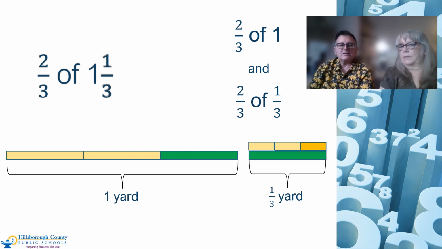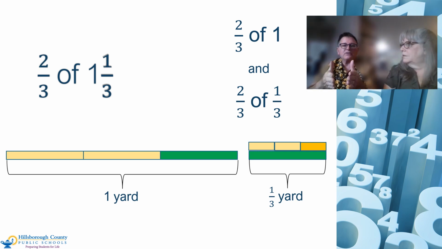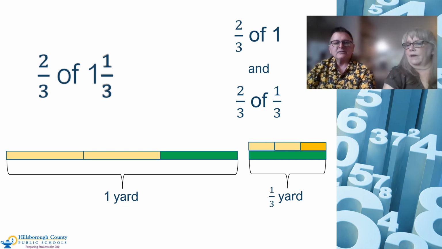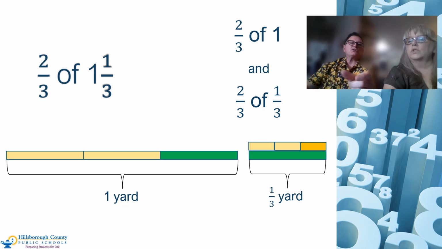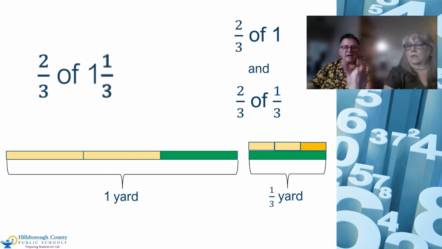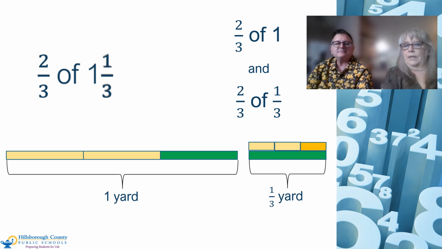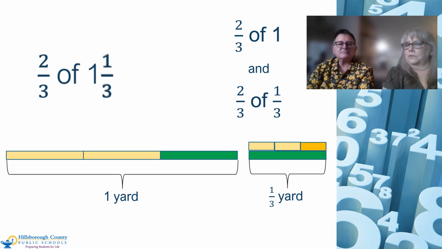Those orange pieces are actually what fraction, Daryl? Well, if that's 1/3 of a yard, then I'm going to need to duplicate that another third, so that'd be 9 pieces. That's going to be ninths. So right there I have how many ninths? 3 ninths, but the 2 light orange are the part that I'm considering, so it's going to be 2 ninths. 2 ninths right here and 2/3 right here.